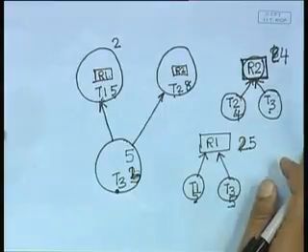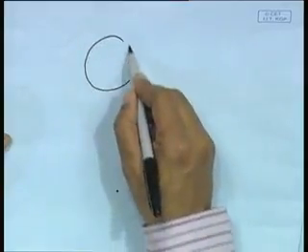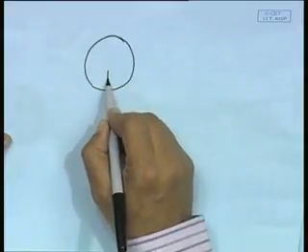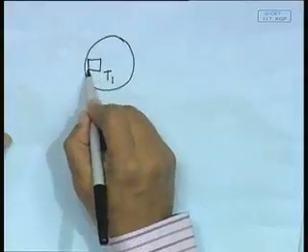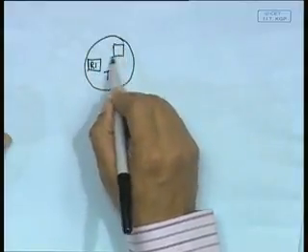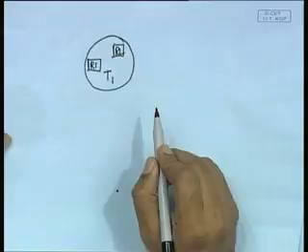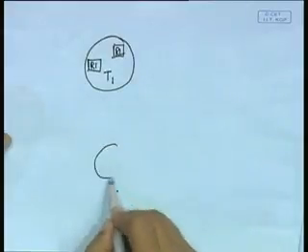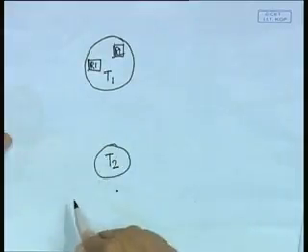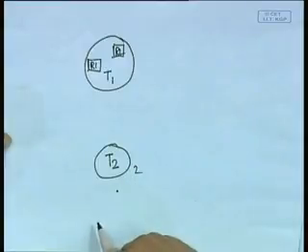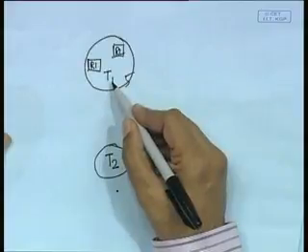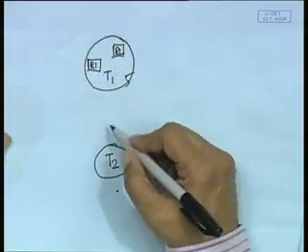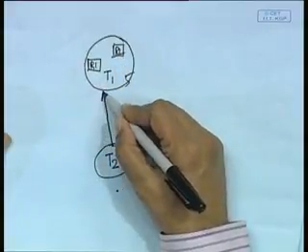And we can also show through a very similar argument that if a task is holding both the resources, that is also a possibility, that a task T1 was holding both R1 and R2, and then T2, which is a higher priority task, let us say T2's priority is 2 and T1's priority is, let us say, 5. So, T1 was holding both R1 and R2 and T2 was blocking on R1.